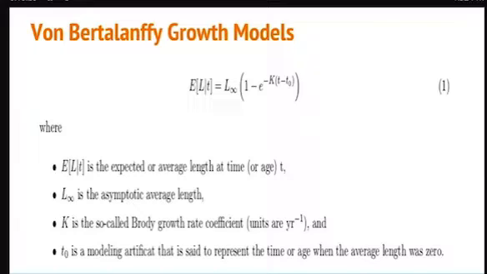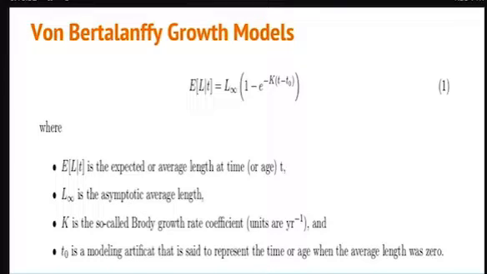Some statisticians or scientists believe K is constant, but some believe it is not. Particularly Vaughan in 1960, when he was looking at the age of sharks, discovered that when a shark is getting older, K gets smaller.